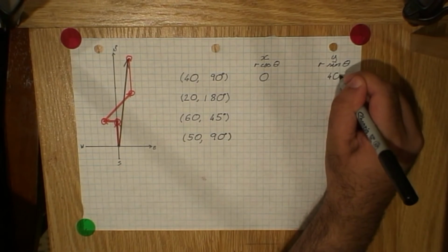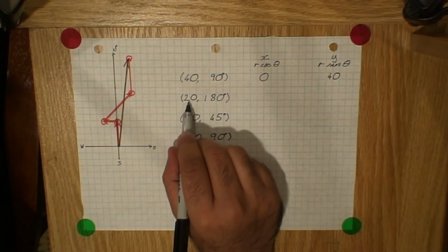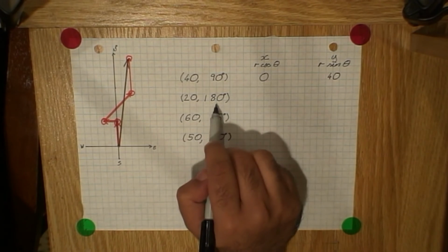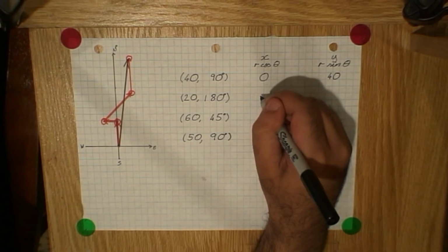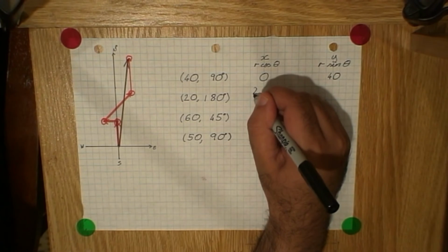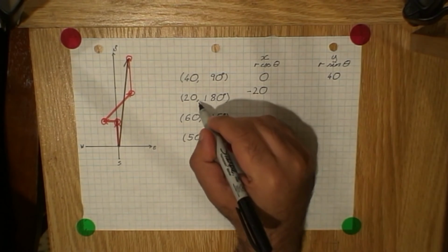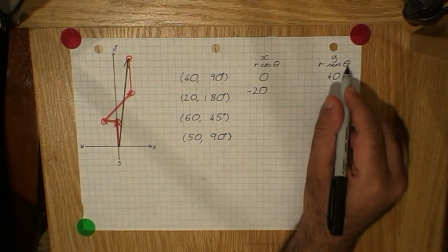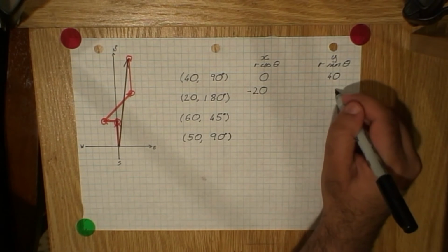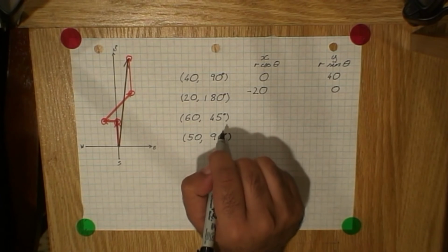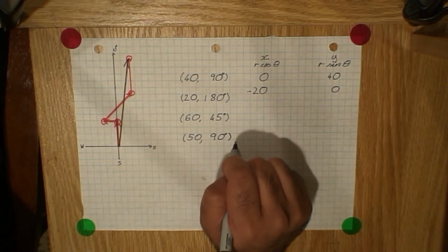What about for 180 degrees? The cosine of 180 degrees is -1, so 20 times -1 is going to give me -20. And 20 times the sine of 180 degrees, well, the sine of 180 degrees is 0. So 60, 45 degrees.